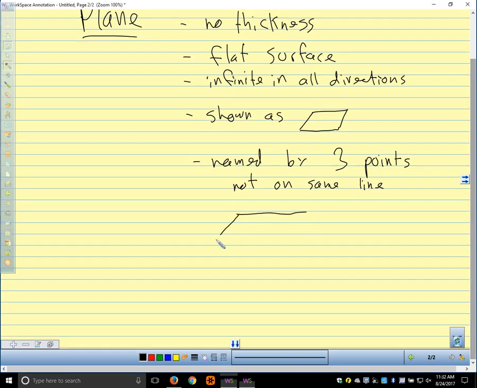So if I have this, here's my plane, and if we have points A, B, and C, these aren't all three on the same line, we would write the little parallelogram. That's plane ABC. So in your book, that's what it would say. This is plane ABC, and they'd be talking about that thing.